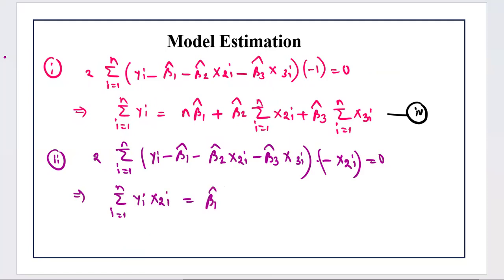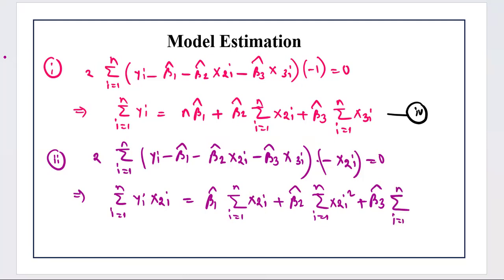You will get beta 1 cap summation x2i plus beta 2 cap summation x2i square plus beta 3 cap summation x2i x3i. Here I don't have anything to explain, it's just calculation. You have to do it on your own in order to understand it completely. And this will be equation number 5.